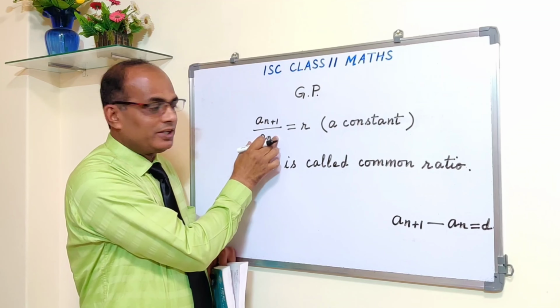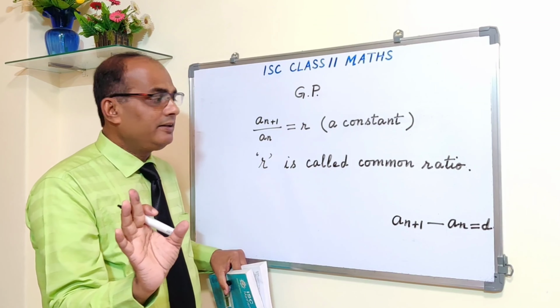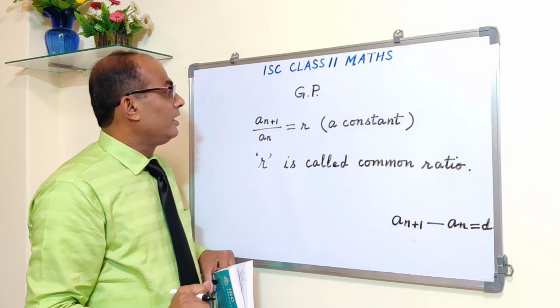This is a geometric progression because the ratio between any two consecutive terms is a constant, and we call this the common ratio. Here we call it common difference d, and here we call r the common ratio. Got it? Clear? Fine. So this is geometric progression, very easy.